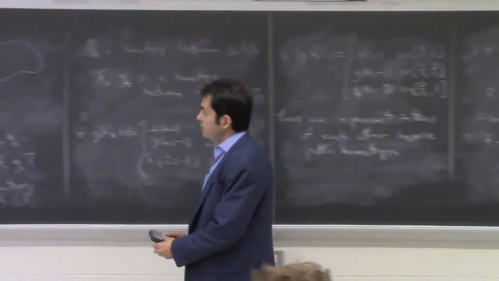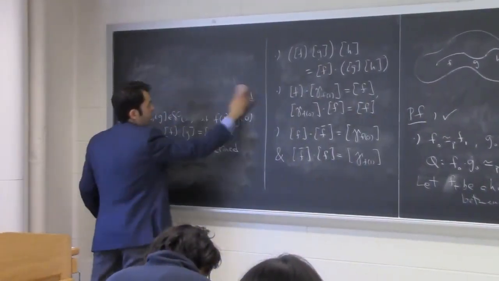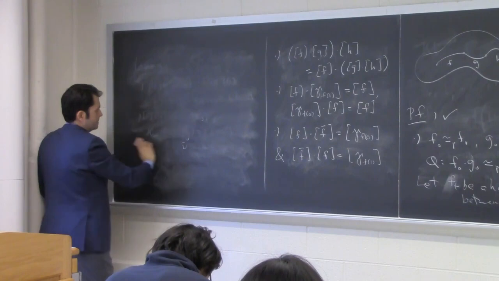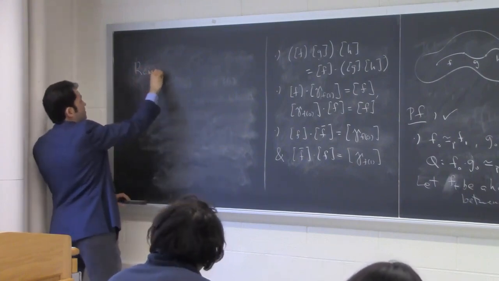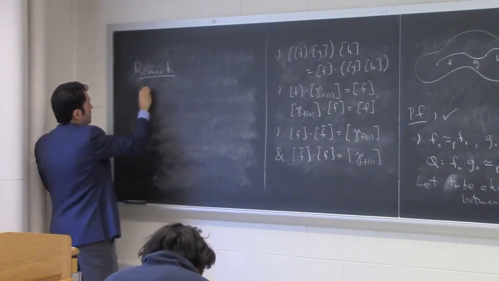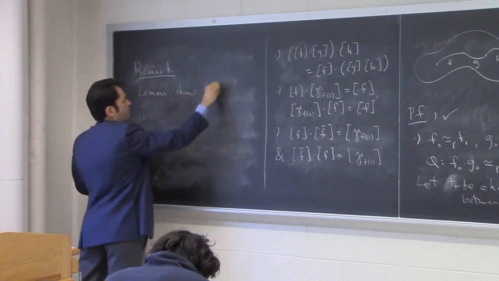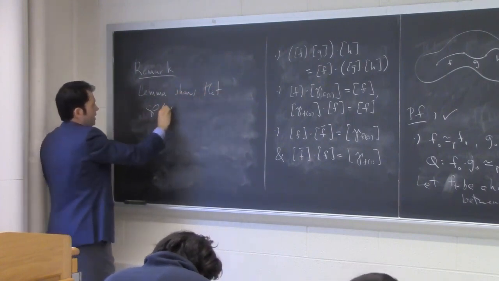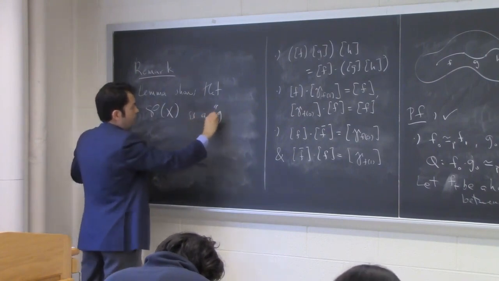So as a remark, what this lemma showed is that P of X is what's called a groupoid.